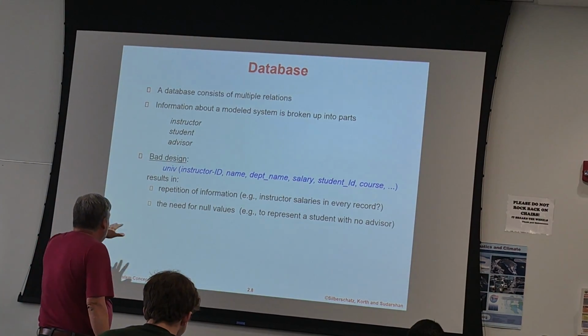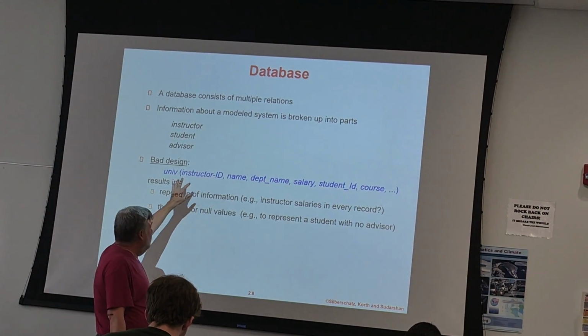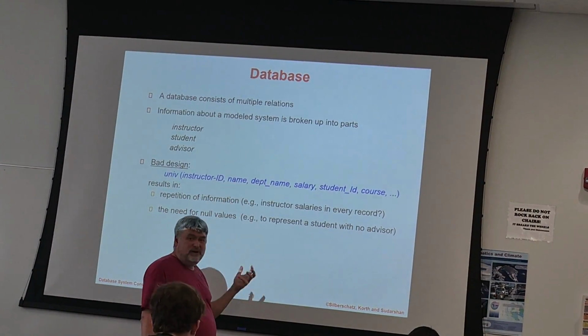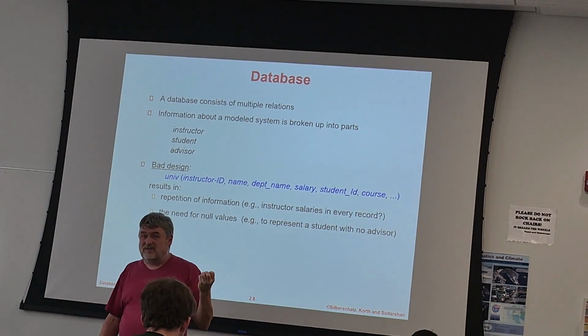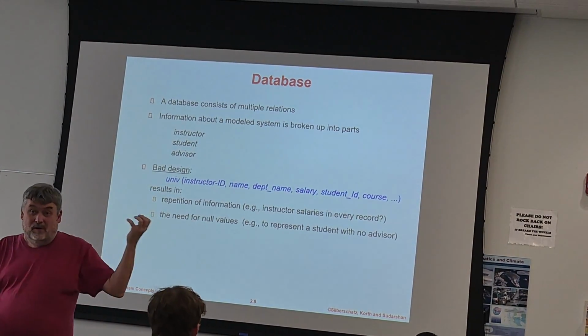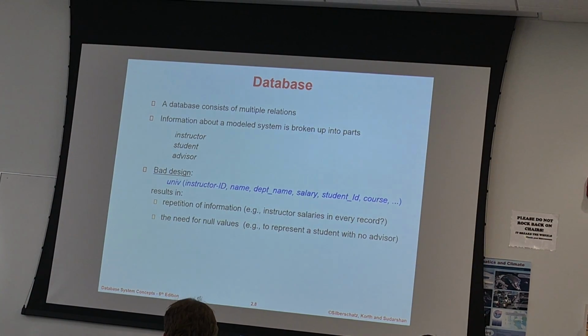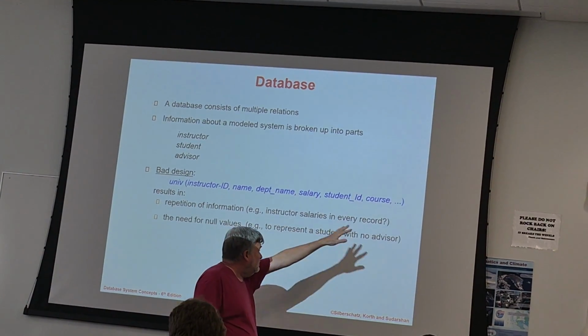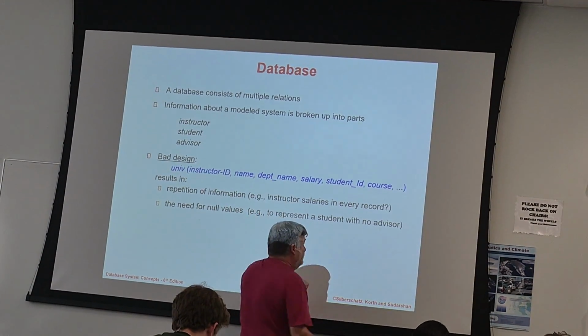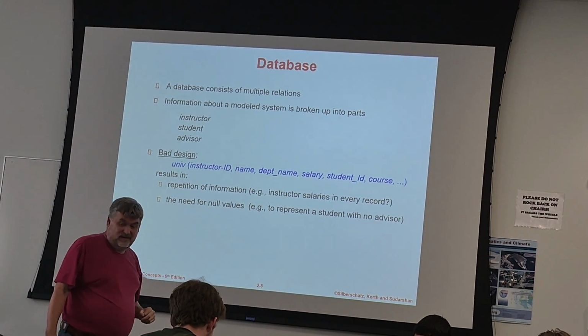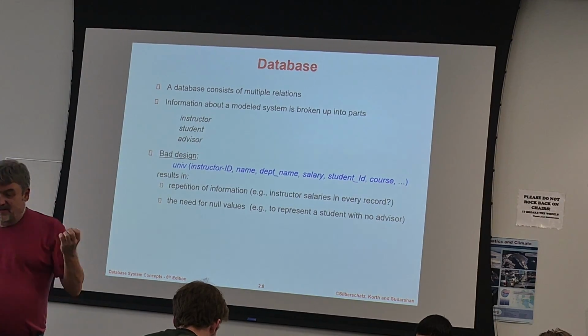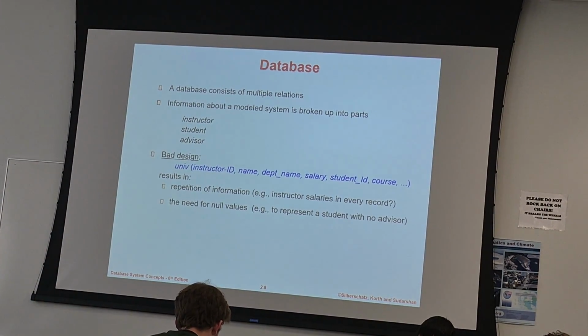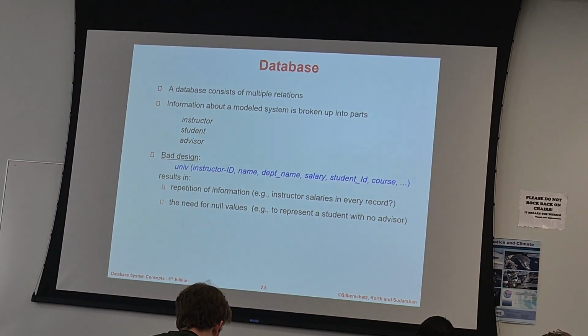Either we're going to have a whole bunch of null values, or we're going to have a lot of, remember how string values are the most expensive values to store in a computer system or in a database row? And we're going to have a lot of string values in this great big massive schema for this table. And so that's already a pretty big reason for not doing it.